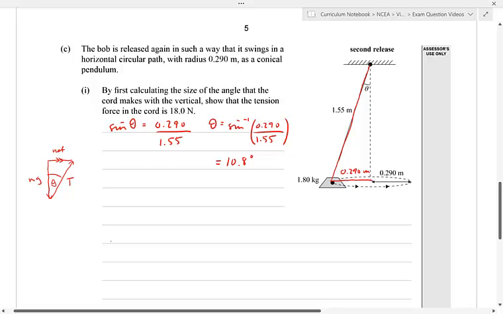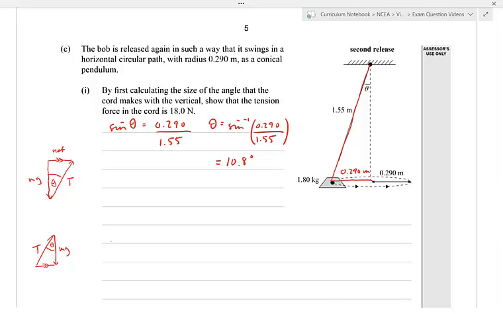To make it look a bit more similar, you can do tension first and then the weight, and that's the centripetal force there. This is theta, this is mg, and this is the tension.